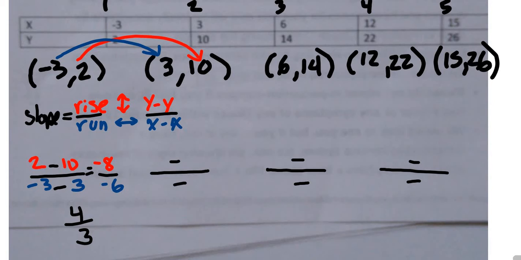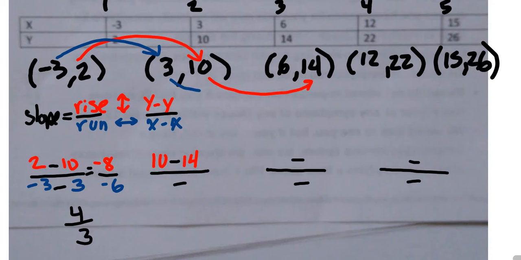Now we're going to check between 2 and 3. So y minus y, 10, 14. I'm going to do it like this so it's easy to see. We're going to go this way. 10 and 14.